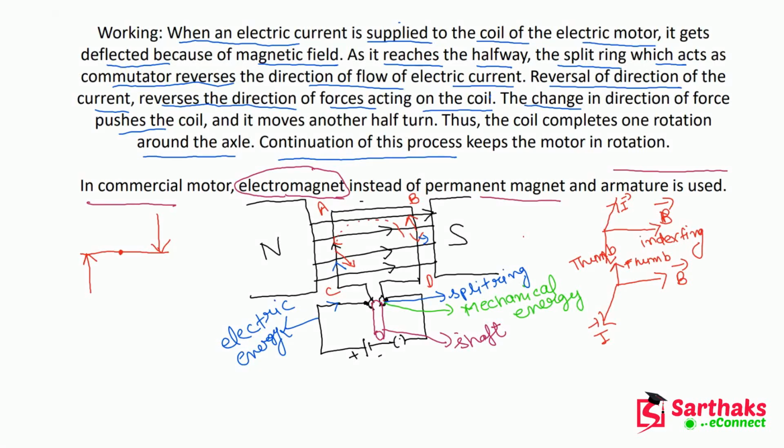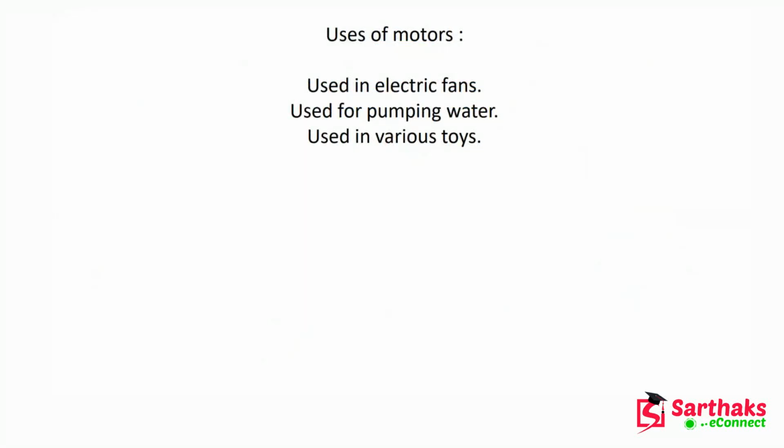Now let's move ahead and discuss the uses of motor. We know that a motor can be used in electric fans. It also can be used for pumping water, and it can be used in various toys as well.